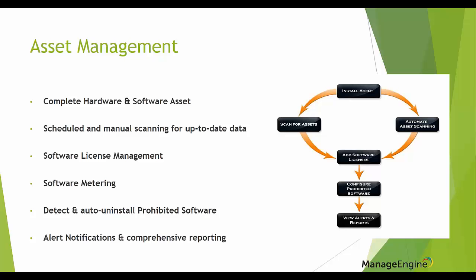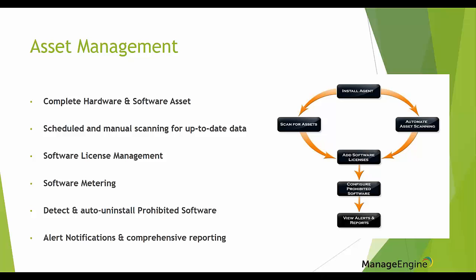Now let's look at asset management. DesktopCentral's inventory management module provides the hardware and software details of the devices in the network. It enables us to manage the software licenses and detect any unauthorized software that is being used in the network. On the software side, it does license management, license compliance, and software metering.